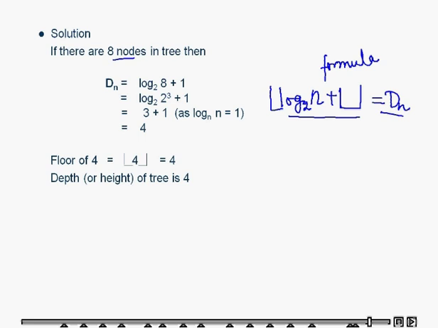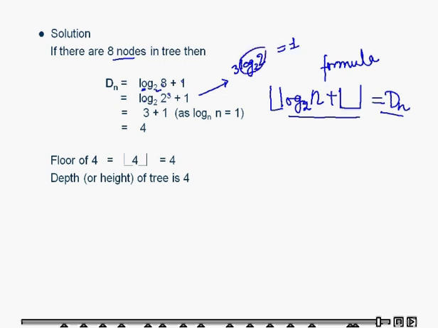So if there are 8 nodes, log of 8 to the base 2, then add 1. 8 is 2 raised to the power 3. Now 2 raised to the power 3 can be written as 3 log 2 to the base 2. Again, log 2 to the base 2 is equal to 1.